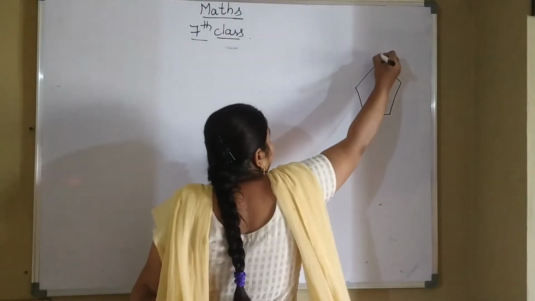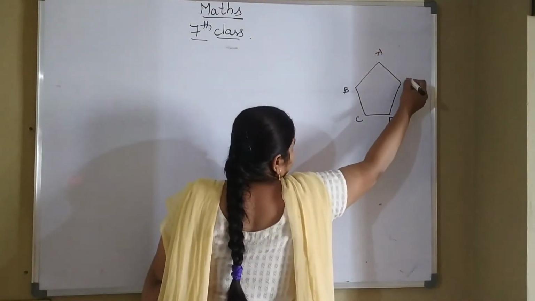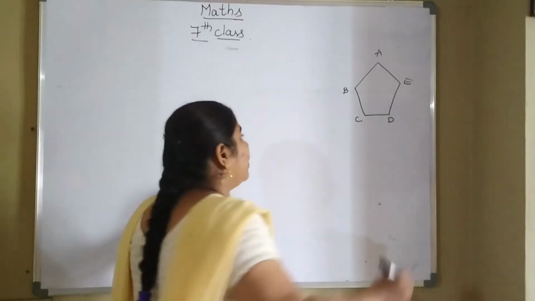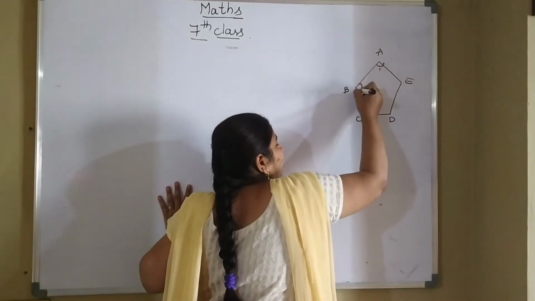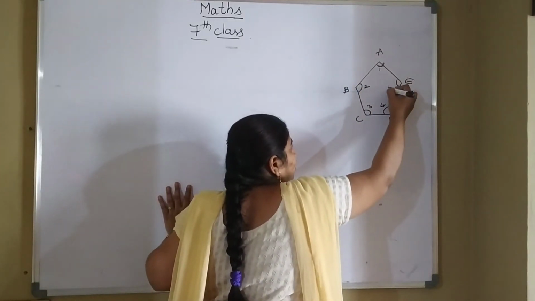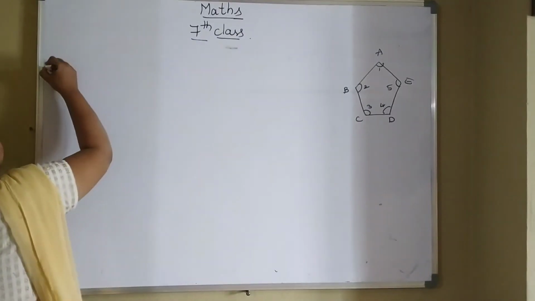So here A, B, C, D, E. Okay. Now I want to find the value of angle 1, angle 2, angle 3, angle 4 and angle 5. Now we will see how to find this.